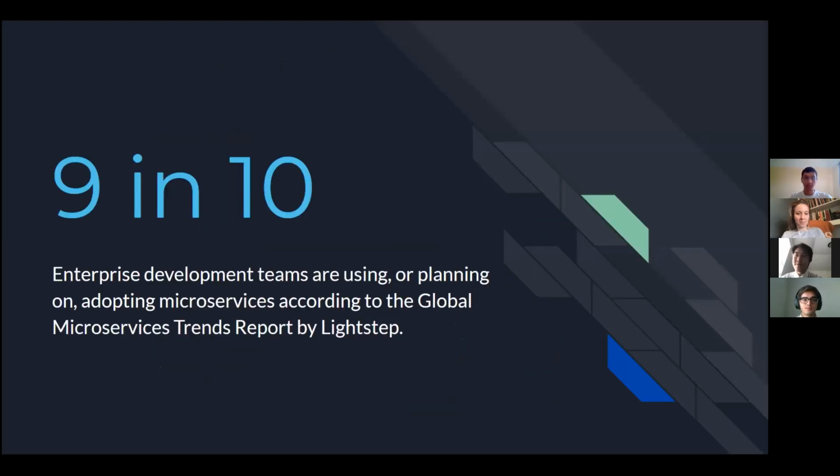As a result of the benefits, a large percentage of enterprise development teams are considering or have already migrated to the microservices architecture. As they make the switch, they will be looking for a monitoring tool for the services.